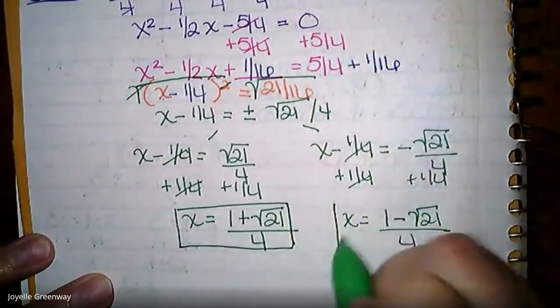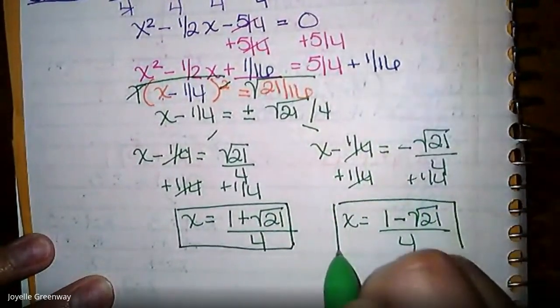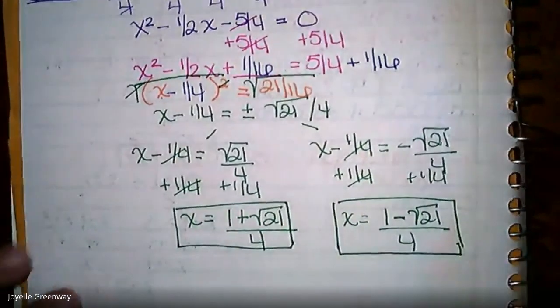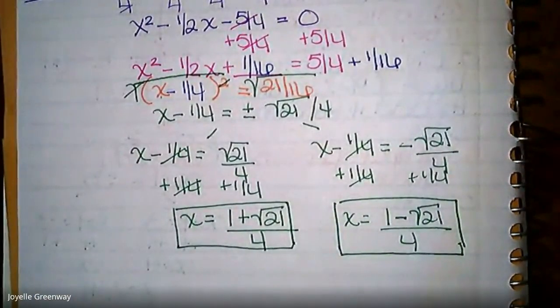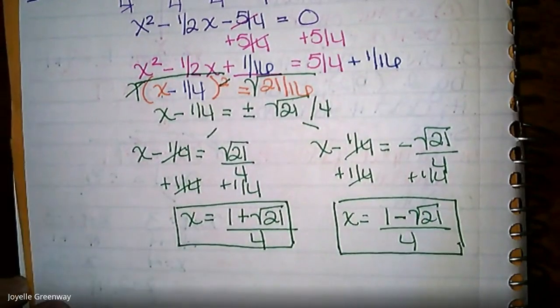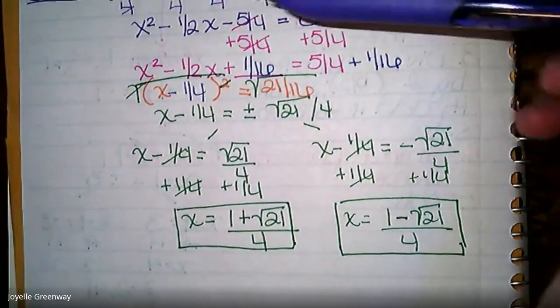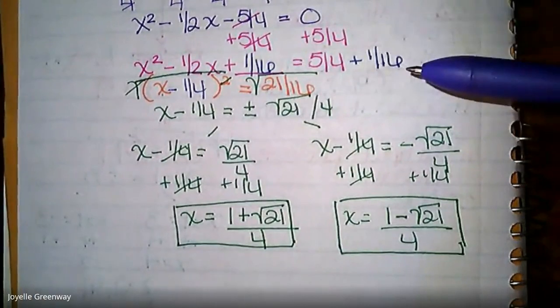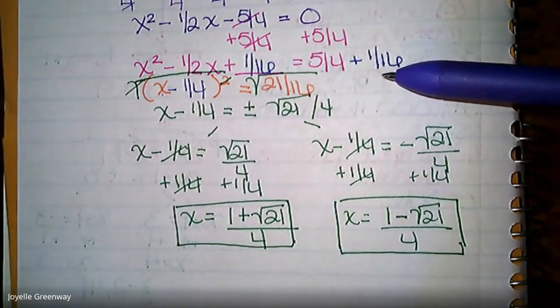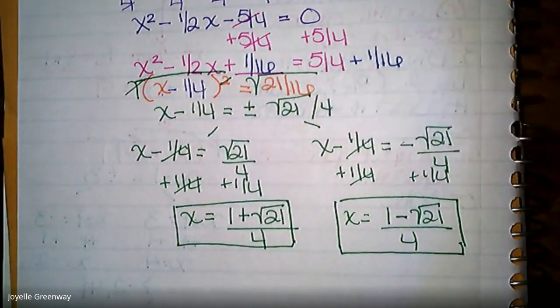And remember, that means this is where your graph crosses the x-axis. So that's probably one of the toughest ones that you could encounter because it deals with fractions.